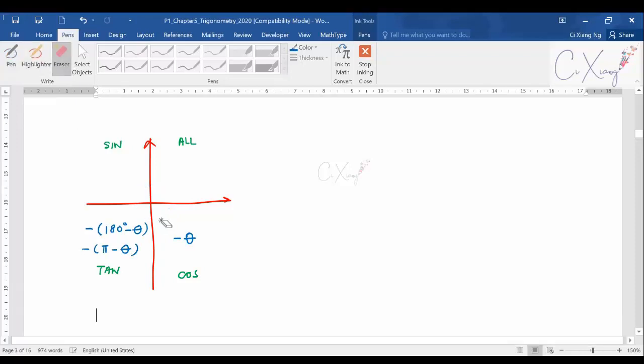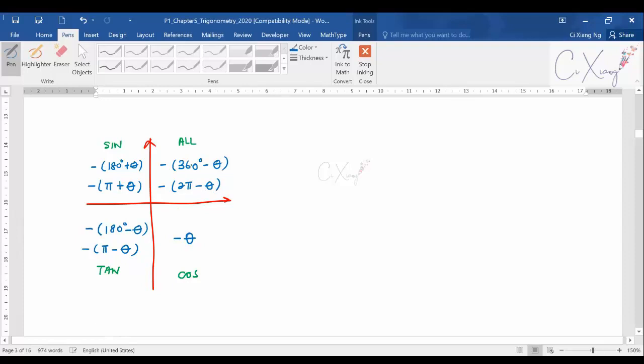For the second quadrant, the pattern of the angle is negative 180 plus theta, which you can write as negative pi plus theta if you are using radians. And the first quadrant is negative 360 plus theta, or negative 2 pi plus theta.